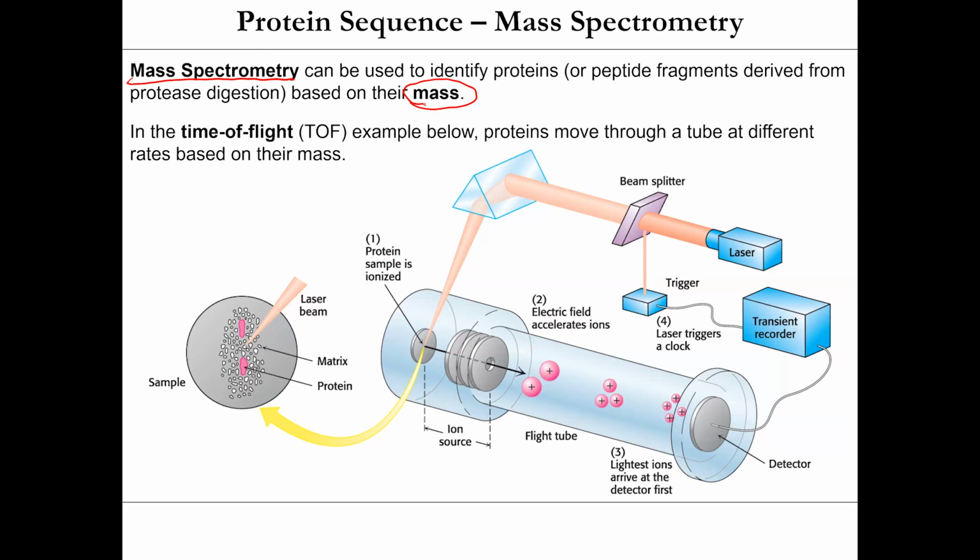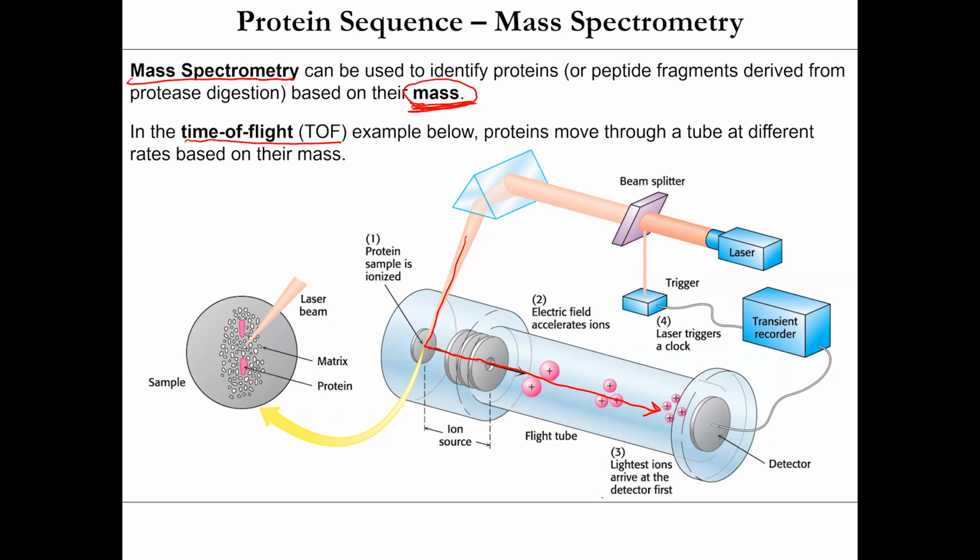So there's a lot of different types of mass spectrometry, but the important thing to remember, just like the name says, is that it identifies or separates proteins based on their mass. The example below is a time of flight mass spectrometer. Basically, you're shooting proteins through a tube, and they're going to move differently.